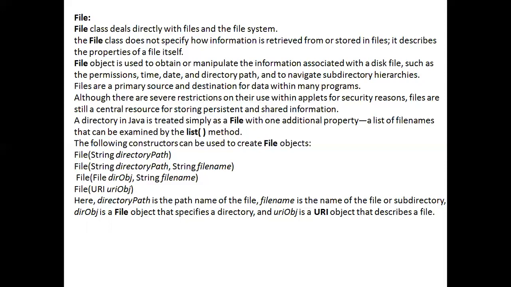A File object is used to obtain or manipulate the information associated with the file, such as the permissions, time, date, and directory path, and not to navigate the subdirectory hierarchy. The file information is like the permissions of the file, the read and write permissions. The read write permission is used to provide security to the file content.